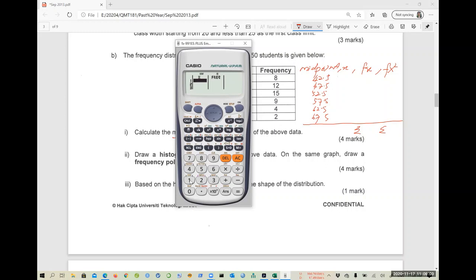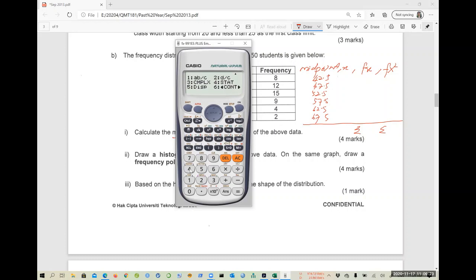If you want to change back to the ungrouped data set without the frequency, or vice versa, just press shift mode, then it gives you an option, and then you scroll down. Under here you have number 4, stat.